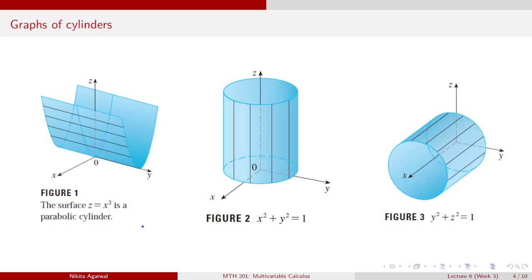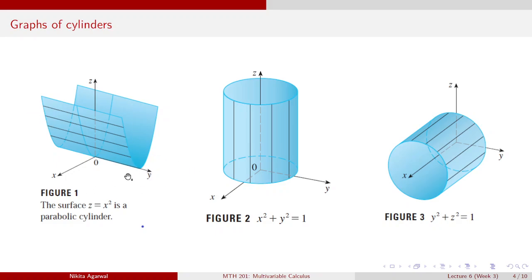I've deliberately taken this example because we want to look at surfaces in R3 now. When you put y equal to 0, z equal to x square is this curve, and then you look at this curve everywhere for all values of y. So you extend it in the positive direction of y and also in the negative direction of y, and you get this entire surface.